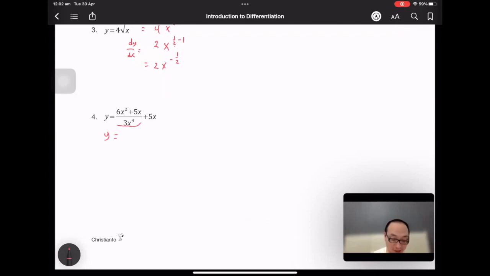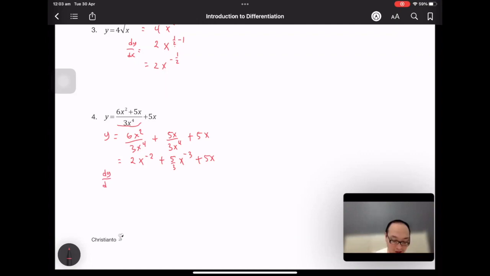We simplify it into 6x squared over 3x^4 plus 5x over 3x^4 plus 5x. Or it is equal to 2x to the power of 2 minus 4 is negative 2, plus 5 over 3, x to the power of 1 minus 4 is negative 3, plus 5x.